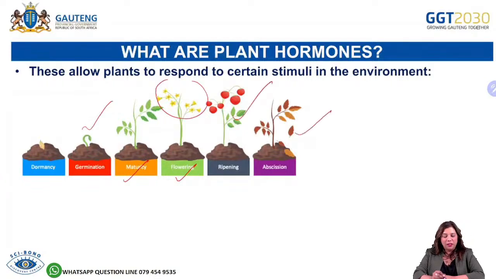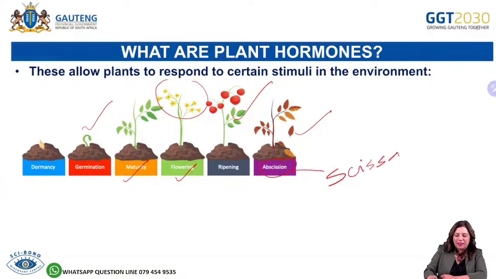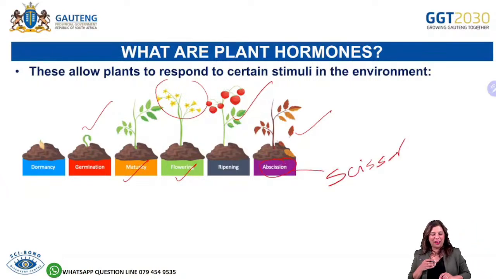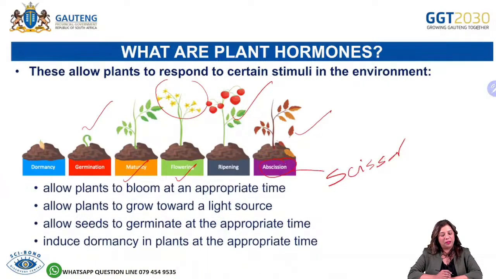Leaf abscission is basically the removal of a part of a plant, which is usually a leaf or a fruit that is no longer needed at that point in time. Why am I explaining this to you? You need to know what abscission is. If you look at the word itself, it almost looks like the word scissor, doesn't it? The cutting off.